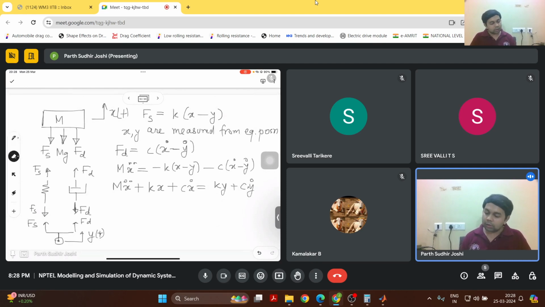So if we rearrange the terms in the equation of motion, we will get something like this. The left hand side of the differential equation is the usual equation of motion of the system in terms of x, so that is our output. The terms on the right hand side correspond to the excitation force, the force arising because of the variation in the load profile.